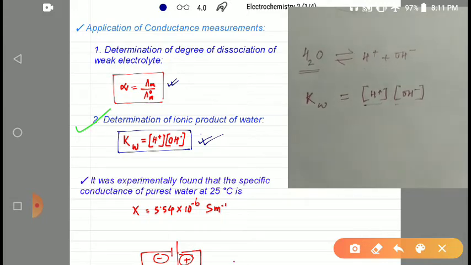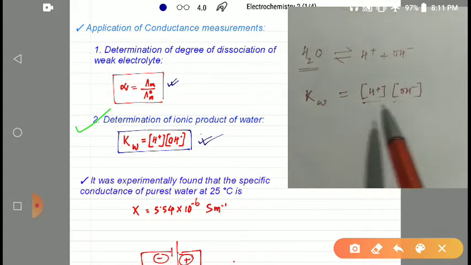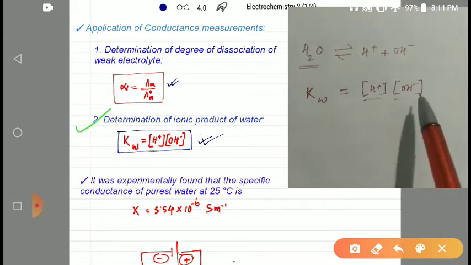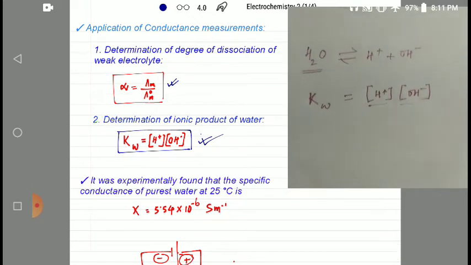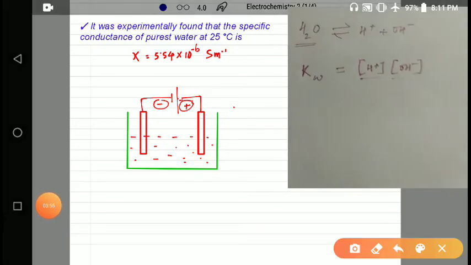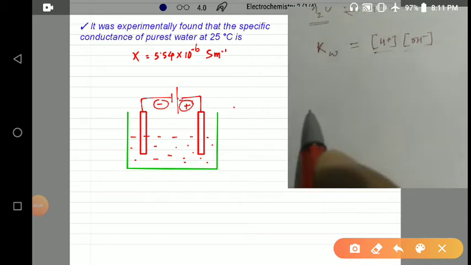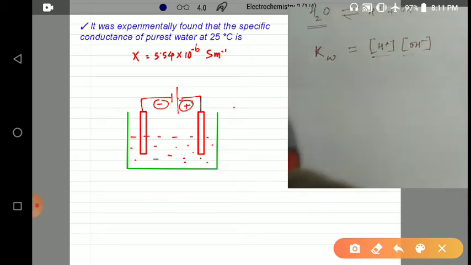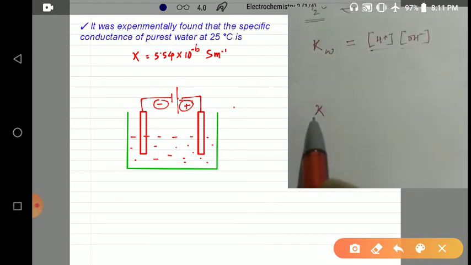So let us discuss how we're going to calculate this concentration. Suppose we calculate the specific conductance of water experimentally.